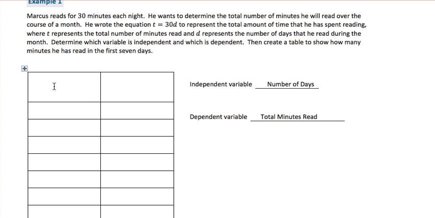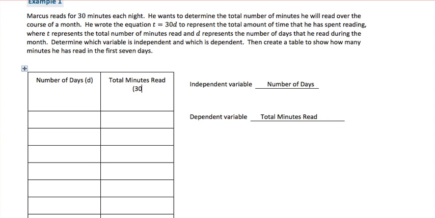Now we'll go into our table and we're going to put our independent variable first, because the independent variable is the number that you're going to do something to then get our dependent variable. So our independent variable, which is number of days, we'll label that as D. It will be on the left, and the total minutes read, which we represent as 30 times D, because he's reading 30 minutes each night, is on the right.